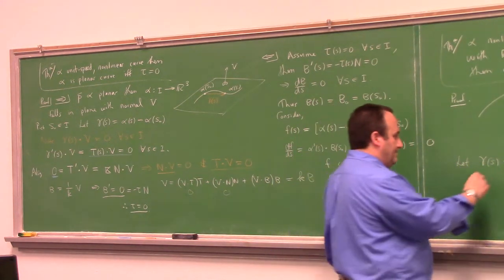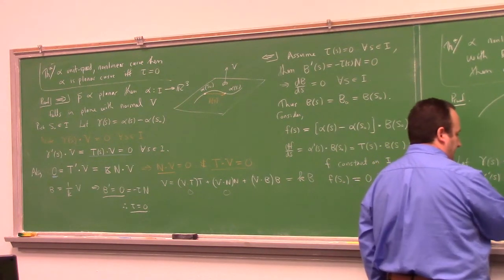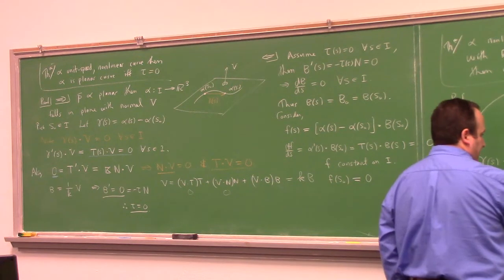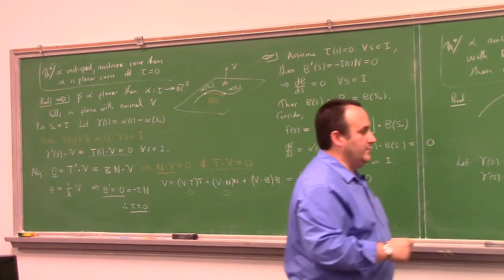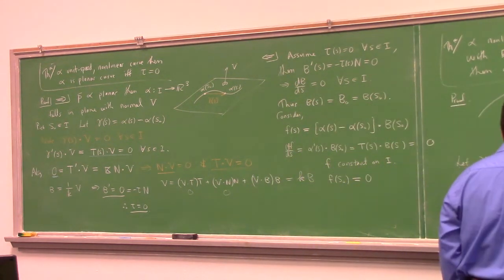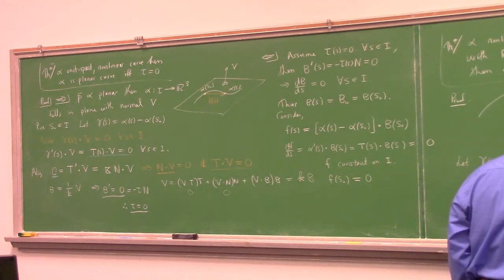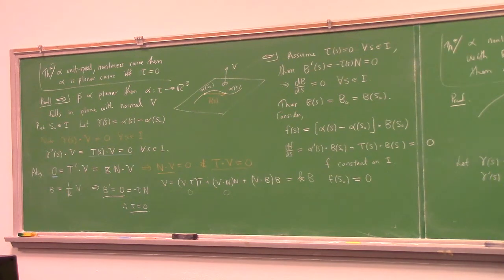Differentiate, what do we get? We get alpha prime of s, right? Minus r n prime. But what's n prime equal to? So what we're looking at here is t minus r times, what was n prime? It's minus kappa, which is kappa naught t, right?